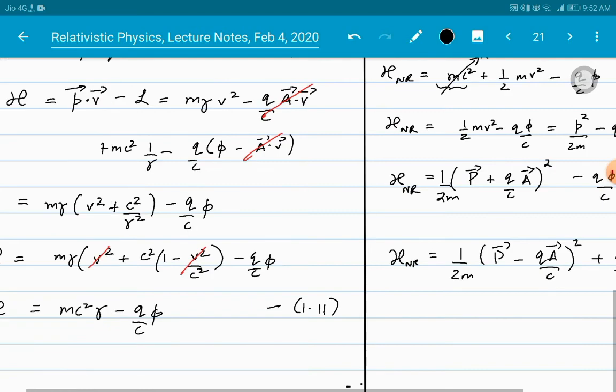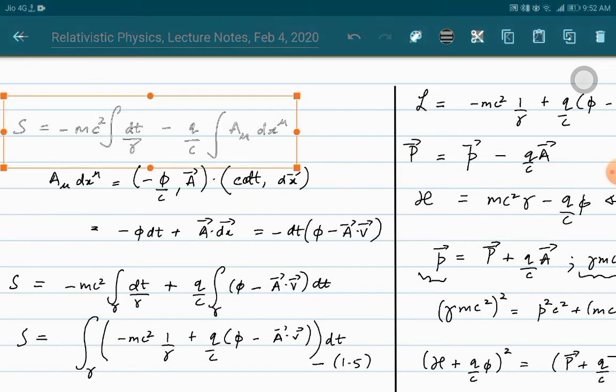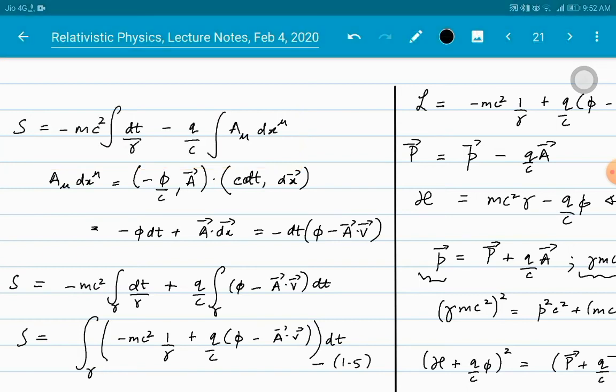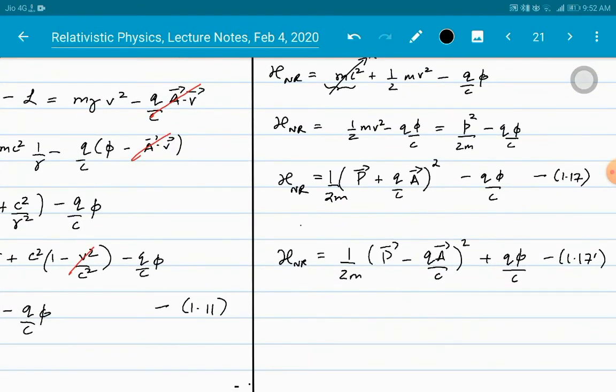Well, the solution can be traced back to the expression for the action for a particle interacting with an electromagnetic field, and if I take this sign here to be a positive sign instead of a negative sign, then everything will turn out to be fine. So the 4 vector potential, you can take it to minus A mu, and doing that gives you the expression 1.17 prime.